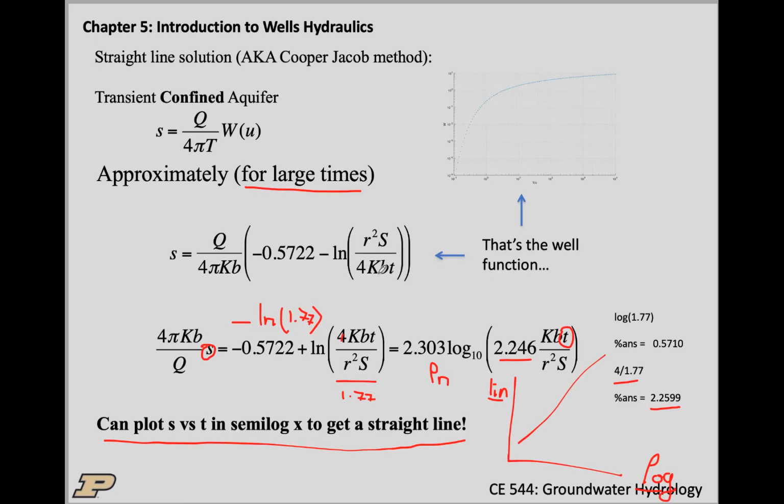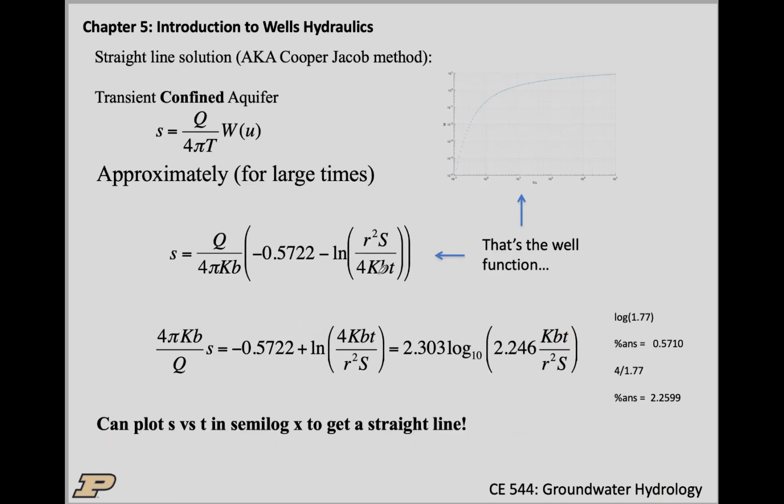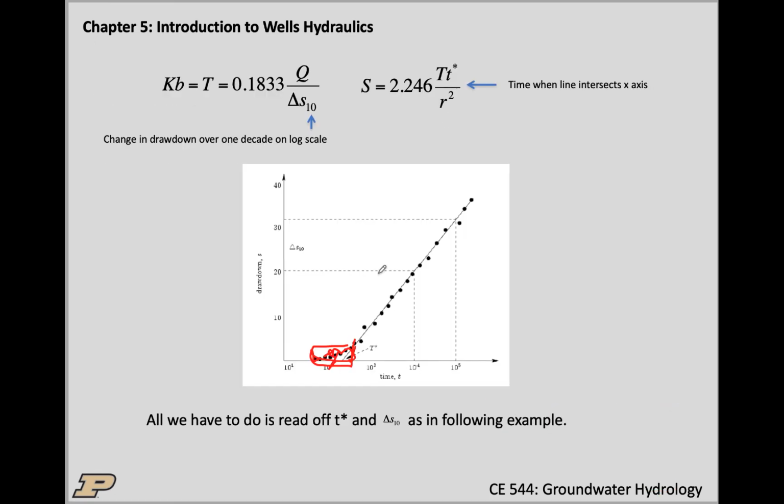Now the beauty of that is we can draw that straight line, and from the equations before, and I'm not giving you all the derivation, we can calculate the transmissivity. Remember from last time, transmissivity is what we measure first, and then it's very easy. Transmissivity is 0.18 of Q, the pumping rate, divided by delta s10.